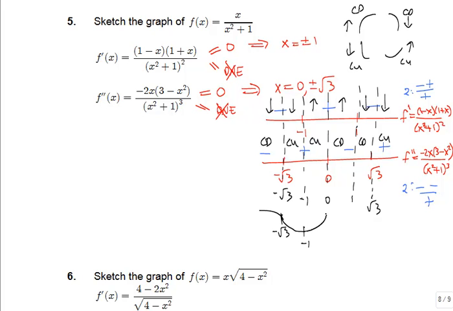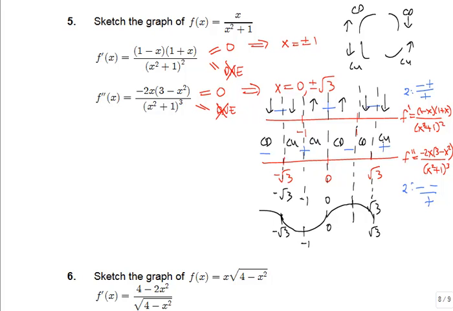So I have a minimum right at -1. Then between 0 and 1, I'm concave down increasing. So that's this shape. So I have another point of inflection at 0. And then from 1 to √3, I'm concave down decreasing. So that's this shape. So we have a max at 1.